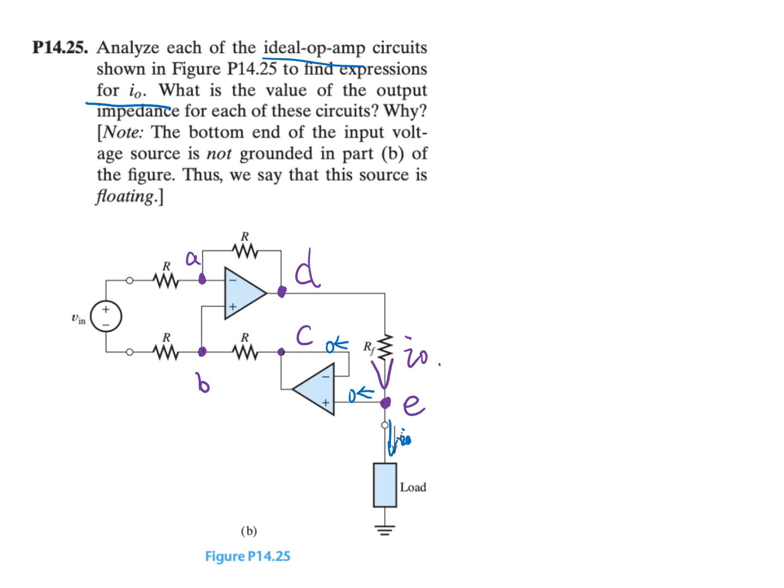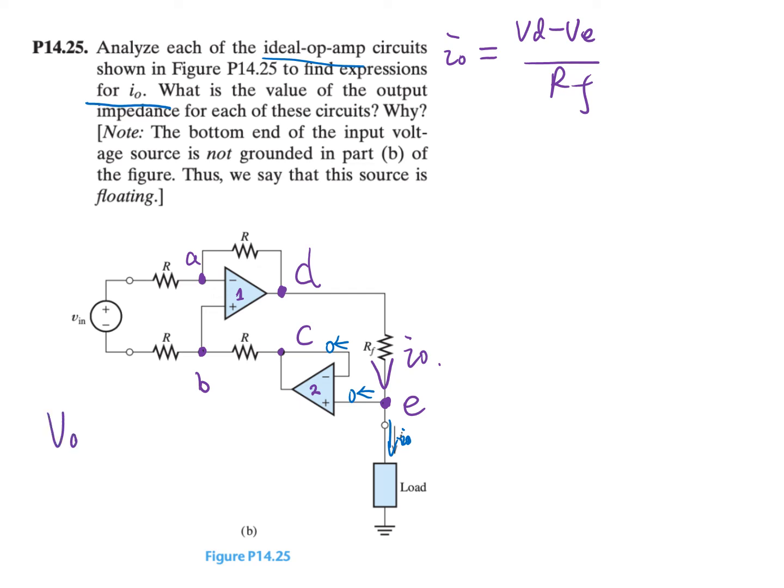Well, to find the I/O, we need to use node D and E. So I/O is equal to VD minus VE divided by RF. For the first op-amp, let's say that's op-amp 1 and this is op-amp 2. For op-amp 1, node A and B are connected to V minus and V plus respectively.